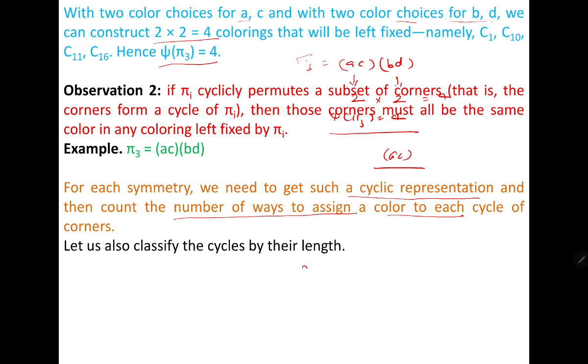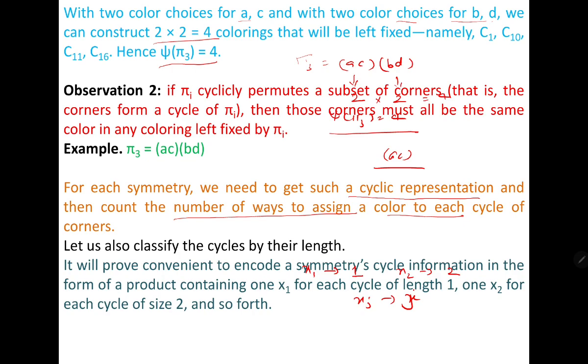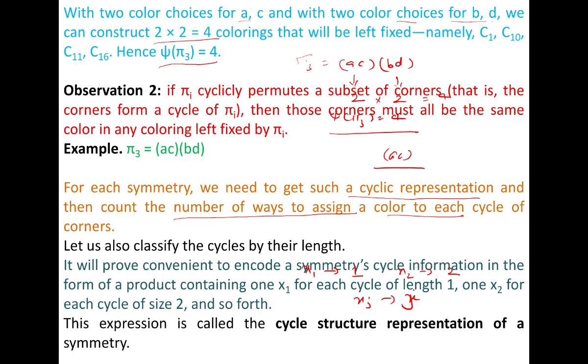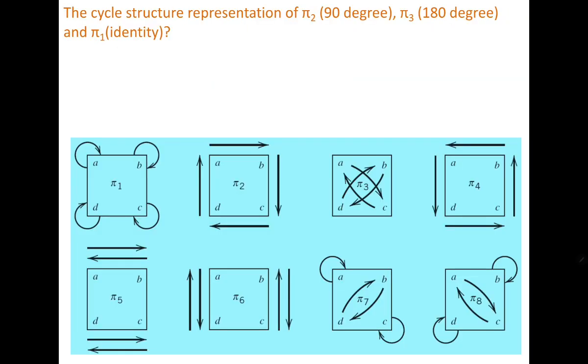If I write x1, it means a cycle of length 1. x2 means a cycle of length 2, and xj means a cycle of length j. This expression is known as the cycle structure representation. For example, for pi 3, this becomes x2 multiplied by x2, which is x2 squared. So x2 squared is the cycle structure representation of pi 3.